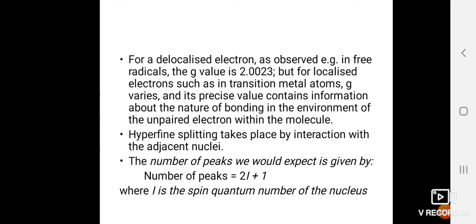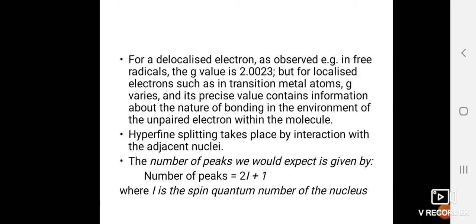See, in the case of electron spin resonance spectroscopy, we come across hyperfine splitting of the peaks. Again, it happens because of interactions with adjacent nuclei. So here the electron magnetism is not just influenced by the adjacent electrons of the adjacent atoms, but also the nucleus of its own atom.